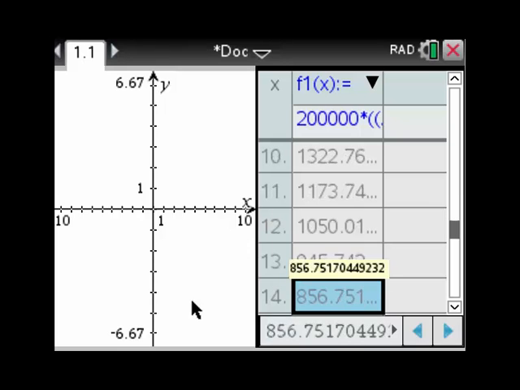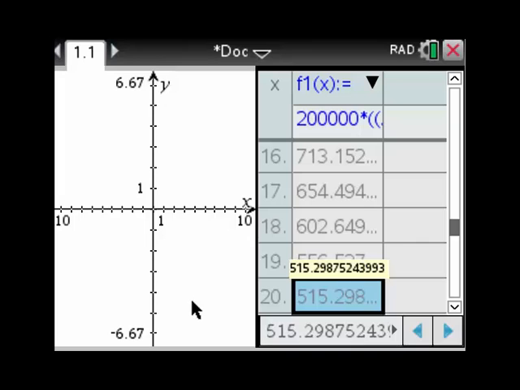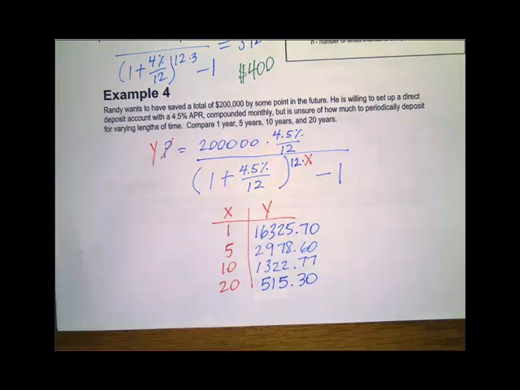And 20 is $515.30. So make sure you fix that on your paper.